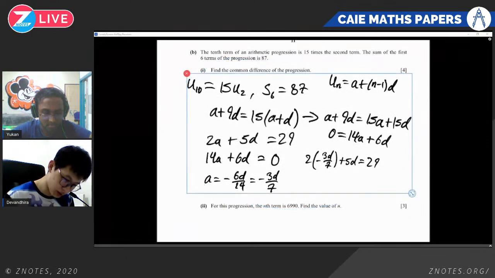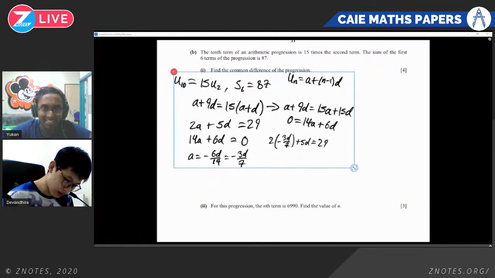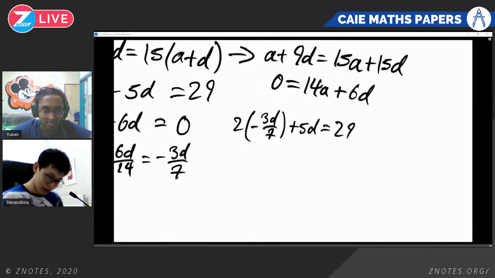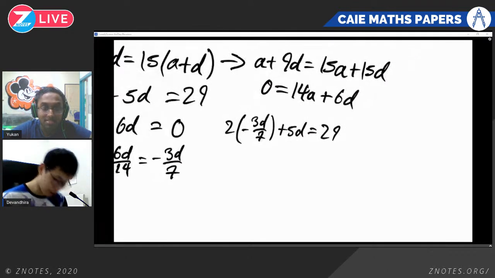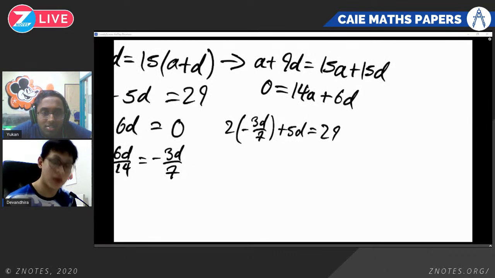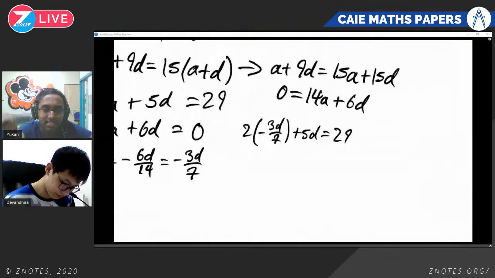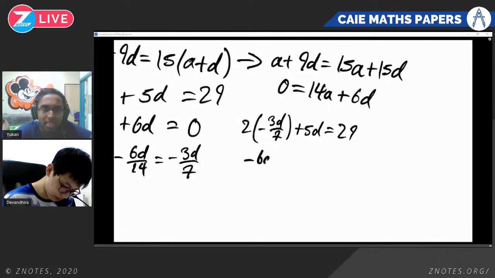We don't have space. Sorry, you cannot do this in the real test though. So how can you find this? So when you simplify, it'll be negative 6 over 7 d. And then 5, you can change that to 35 over 7.